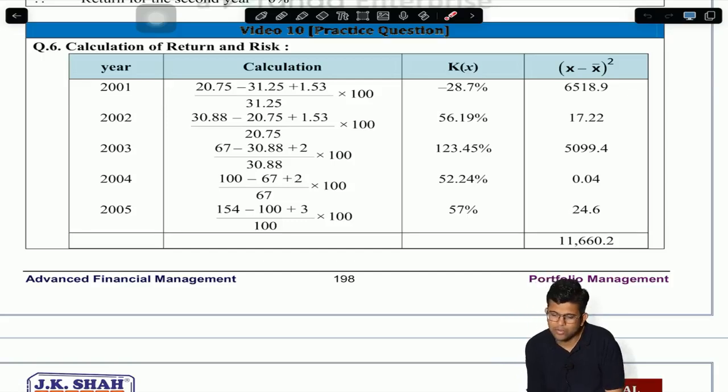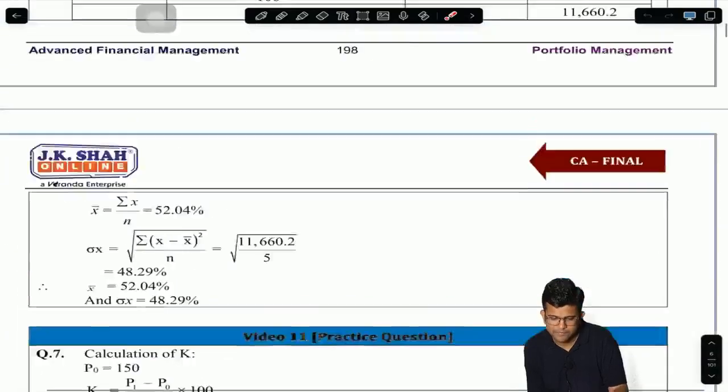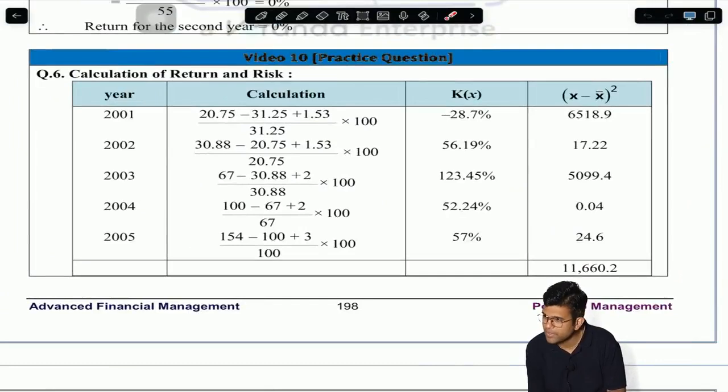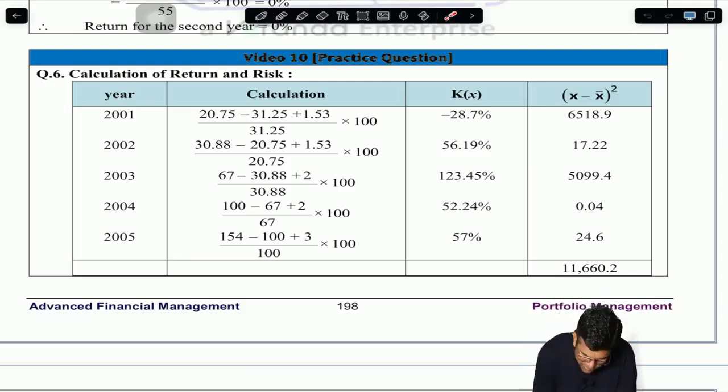Okay. Then do it once more. I think you must have made a mistake in negative 28.7. Just check once. You have negative 28.7 minus 52.04, which is like adding, no? You have to add 28.7 plus 52.04. End of the day it's going to be positive only, once you square it.